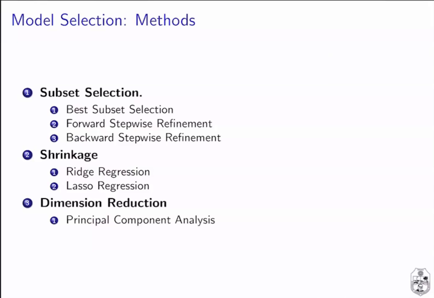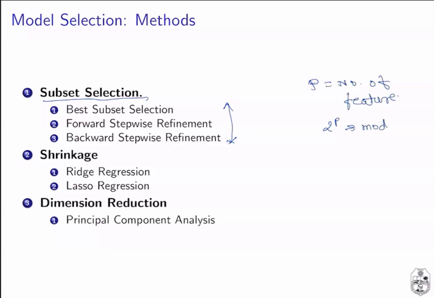The first one was subset selection, in which we have seen three different methods or algorithms. In subset selection, we enumerate 2 to the power of p different models, where p is the number of variables or features.